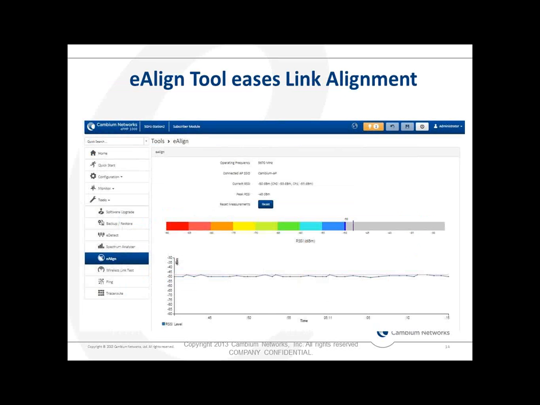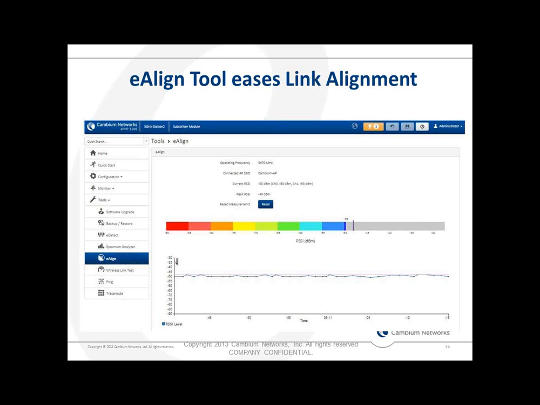Now, as I mentioned before, one of the other capabilities we're adding to the release is a new tool. We call it E-Align. So you'll find it under the Tools menu on the radio, which is the slave or the SM in the point-to-point link.